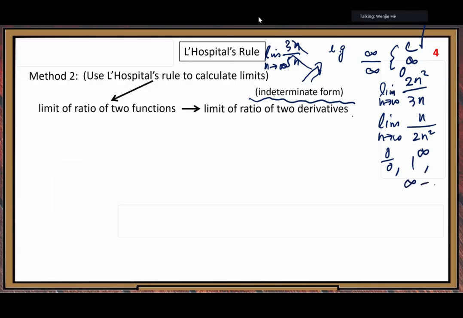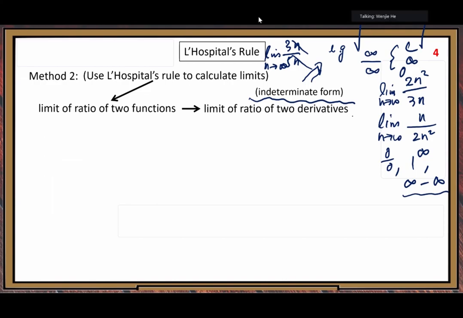Infinity minus infinity is indeterminate. So there are several other indeterminate forms, but we only use the first one for this class. Now we are ready to apply L'Hopital's rule.